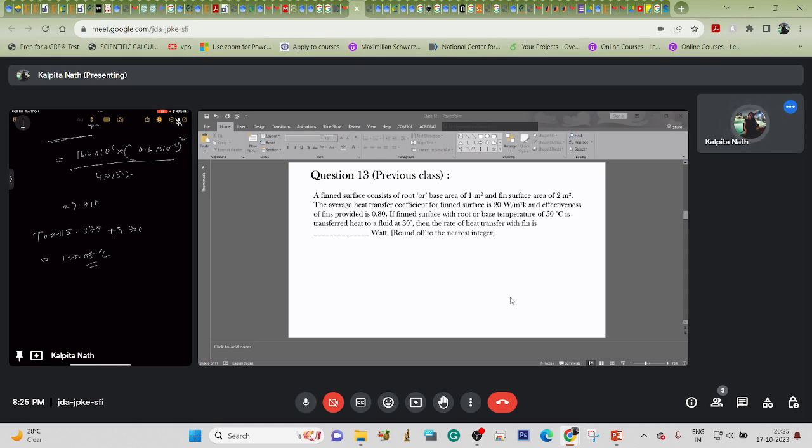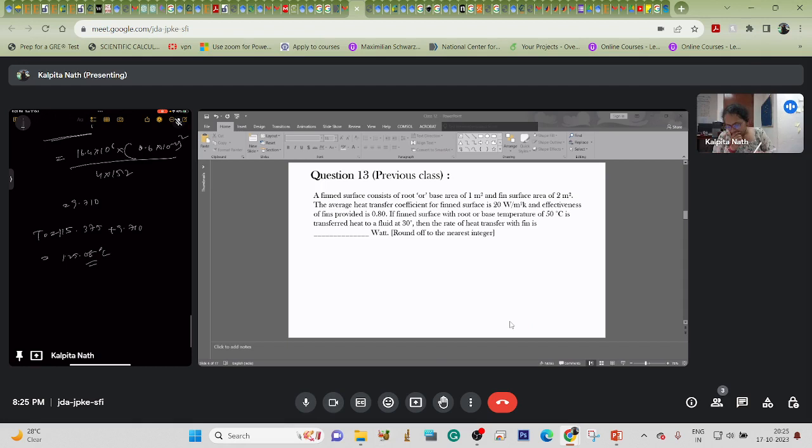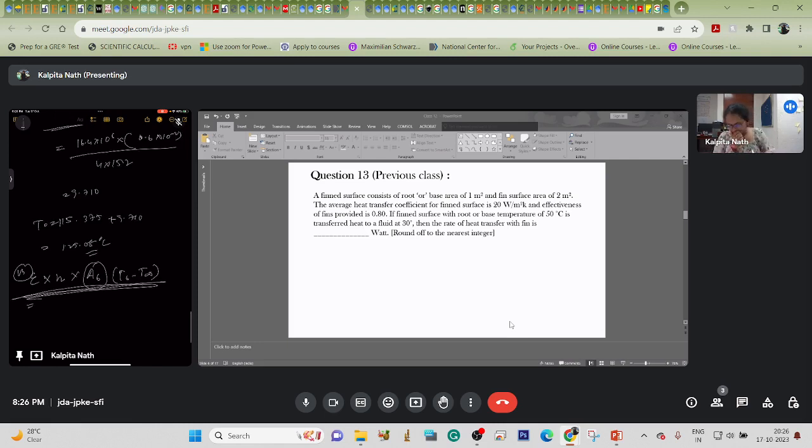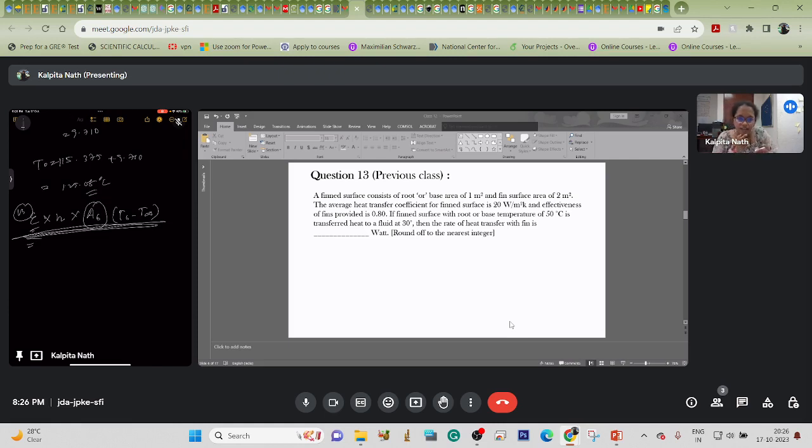Okay. So about this problem, heat transfer within the fin, it's very easy. The heat transfer is effectiveness into heat transfer coefficient into the area of the base of the fin into the temperature difference between the base of the fin and infinity. This is the standard formula that we already know. We'll just add the effectiveness over there.